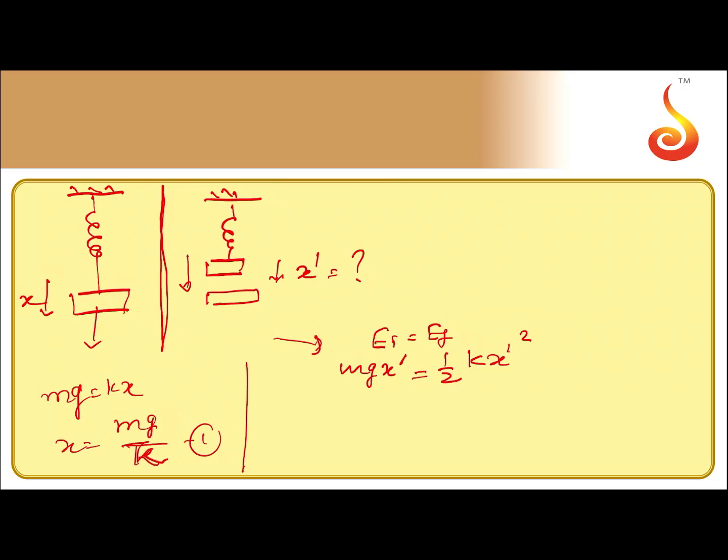That's the final energy. So half k x dash square is equal to mg x dash. That gives me x dash is equal to 2mg divided by k. So this is equation 2.